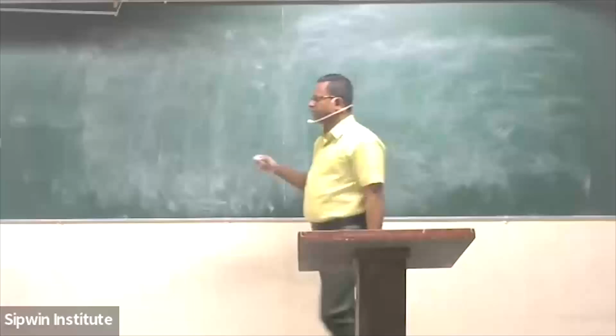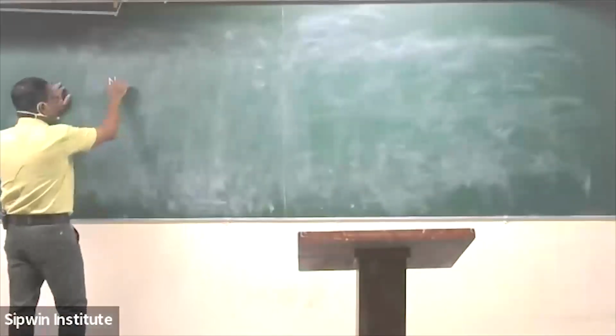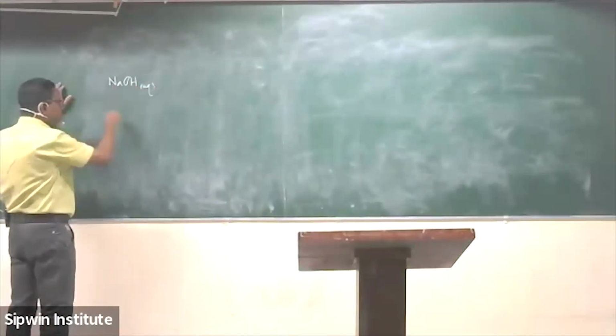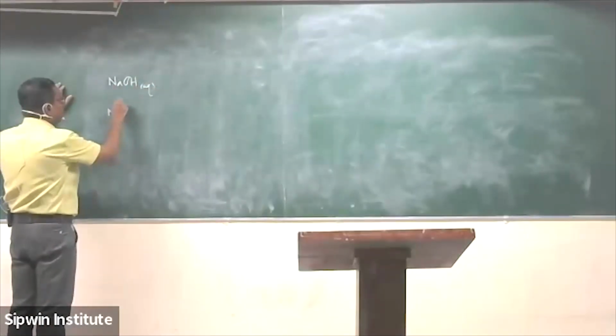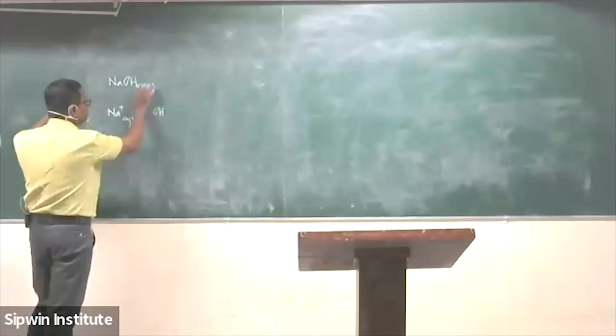Aqueous sodium hydroxide, aqueous HCl. Sodium hydroxide aqueous actually is present as sodium plus ions and OH minus.